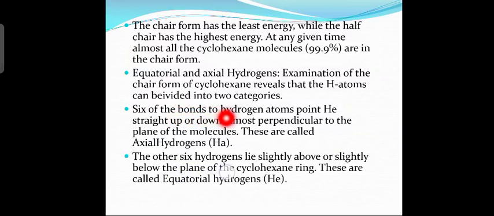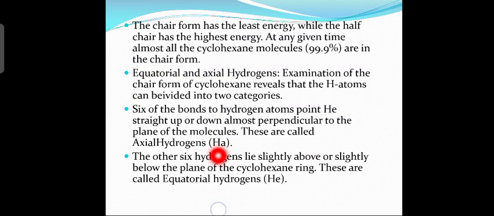Six of the bonds to hydrogen atoms point straight up or down, almost perpendicular to the plane of the molecule. These are called axial hydrogens, a special name.